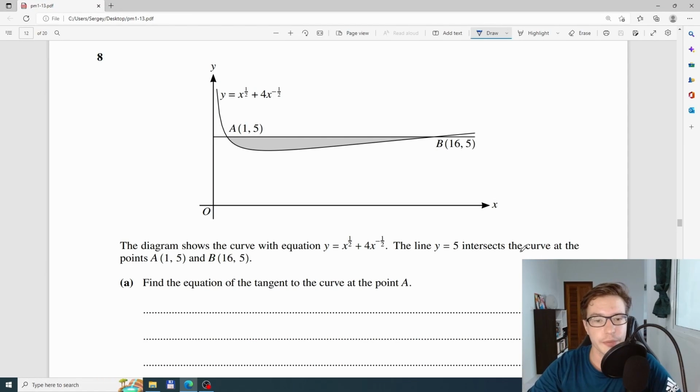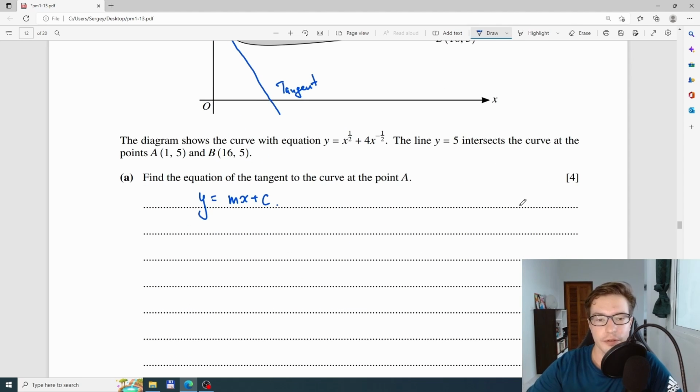Right, the next question is about the tangent to the curve at point A. Now, the equation of this line is going to be, as always, y = mx + c. First of all, let's start with the gradient of a tangent, which is also known as the derivative of the curve at a certain point.